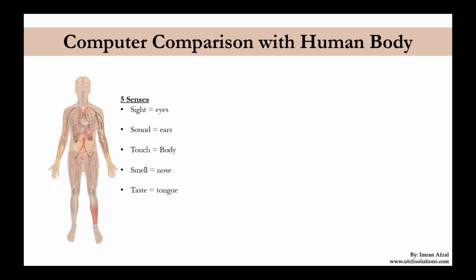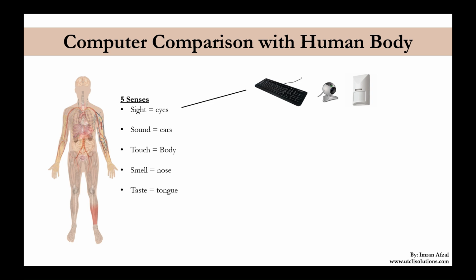Now comparing to the computer, the sight or the eyes of a computer can be a keyboard, because you type the instructions on a keyboard and it passes them on to your computer. Or you have a webcam; your webcam sees the person or the instructions and passes it down to the operating system, and the operating system passes it down to the CPU or memory and so on.